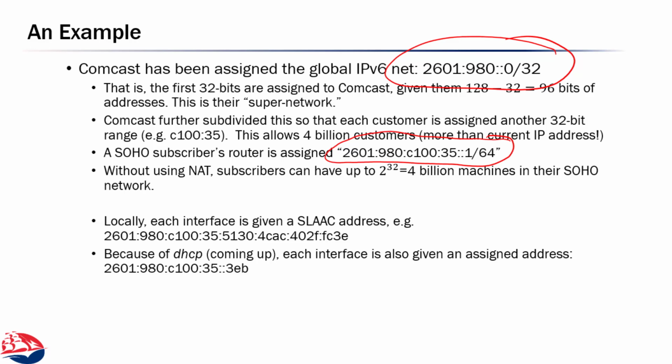So without using NAT, subscribers can have 2 to the 64, which is 1 times 10 to the 19th. Wow. 1 times 10 to the 19th machines at every location.